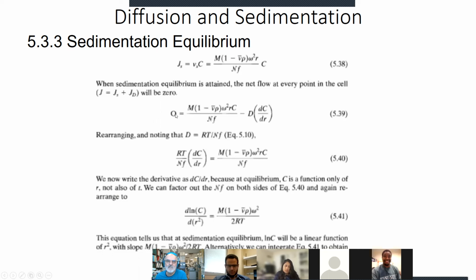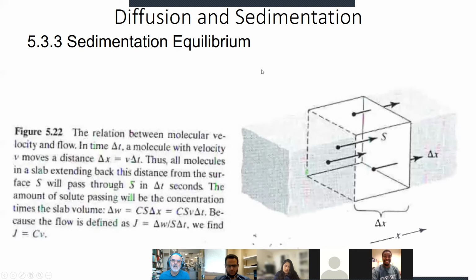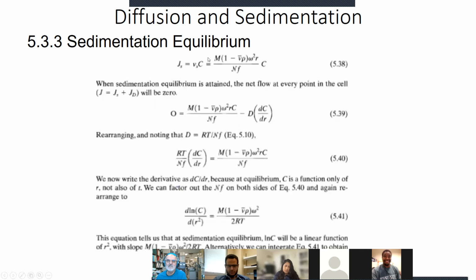And we're going to set these equal to 0. I must have grabbed a slide where I show the diffusion flow, and then the velocity, the sedimentation flow, and then we sum them together as a total flow and set it equal to 0. And then we rearrange.